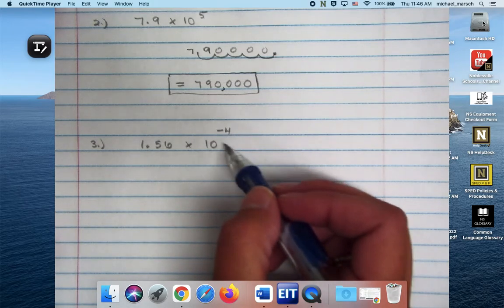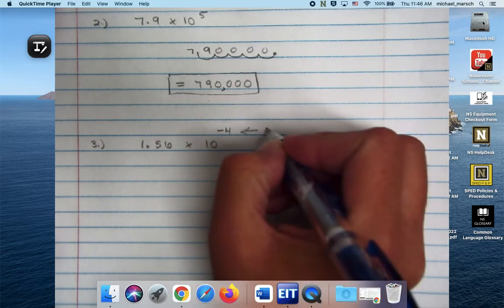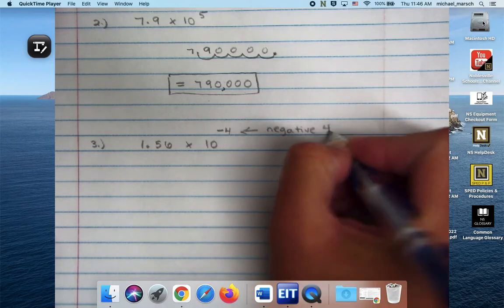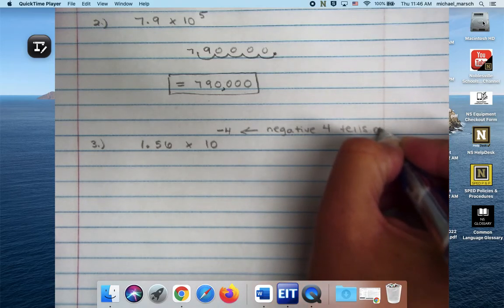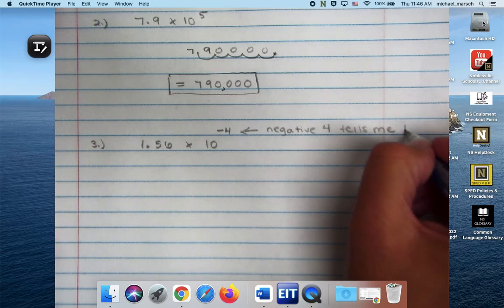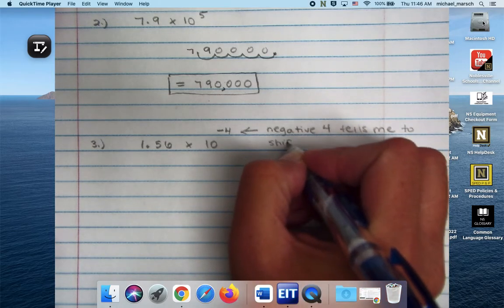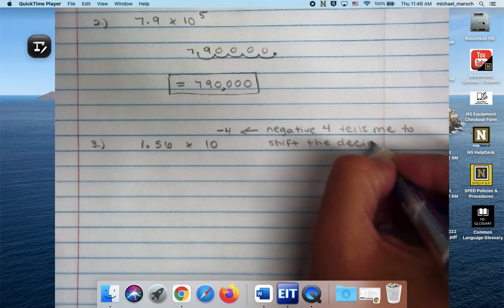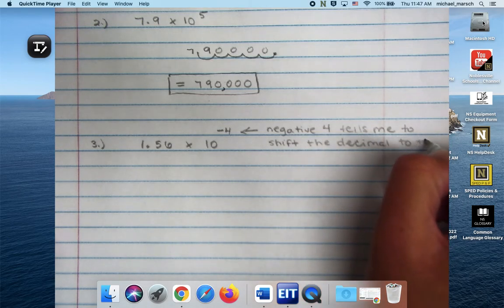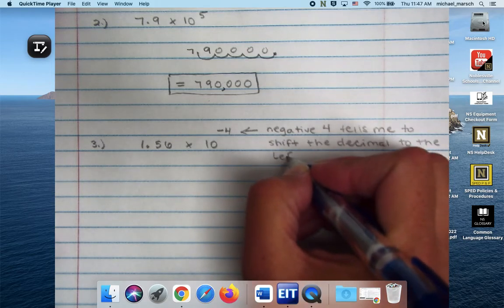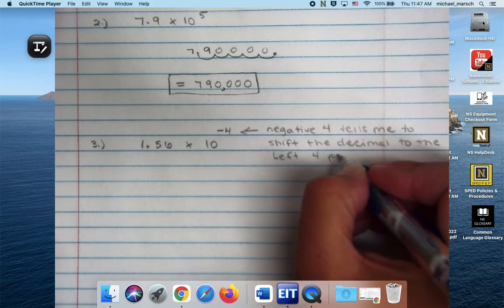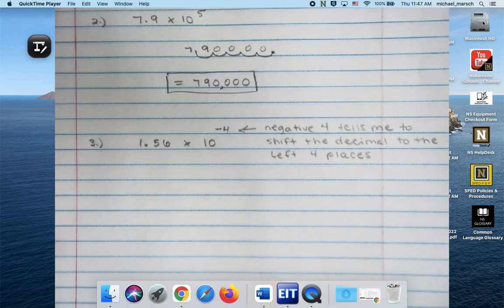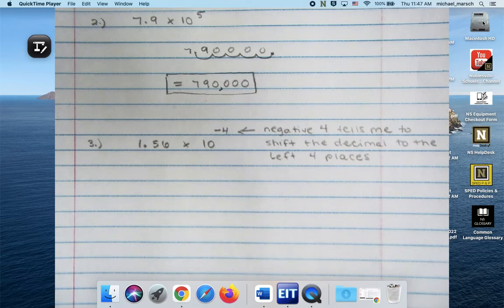So I have a negative exponent here. So the negative 4 tells me to shift the decimal to the left 4 places. So the negative tells me I'm going to have a smaller value.